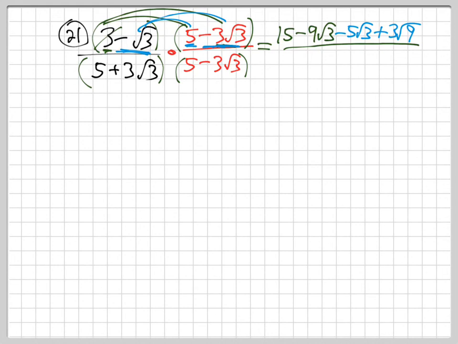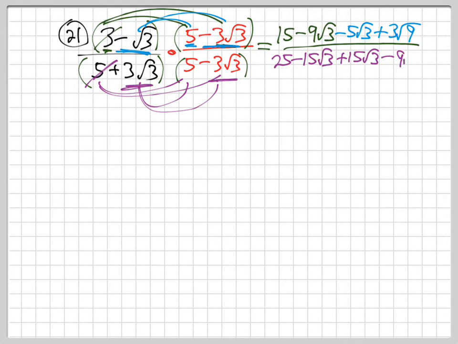Okay, so now on the bottom, this guy's going to go to both. 5 times 5, 25 minus 15 root 3. He's done. And then this guy's going to go to both. Plus 15 root 3 minus 3 root 3 times 3 root 3, 9 root 9.